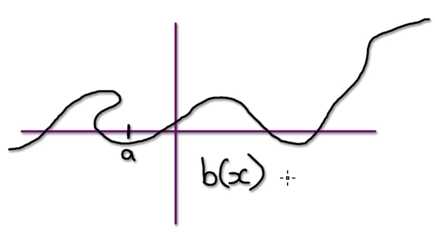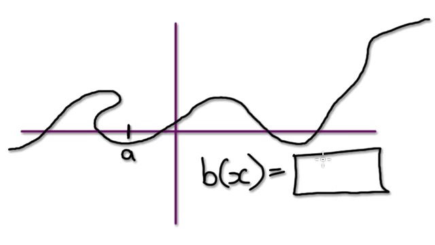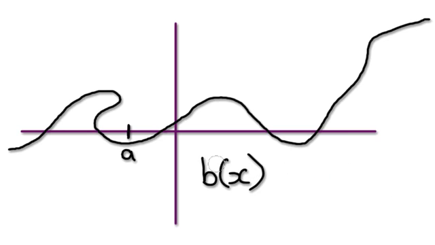So here, b of x. If I want to create a function here, I would say b of x equals, and then I would describe, hang on, let me move this over here. So let's call this b of x.